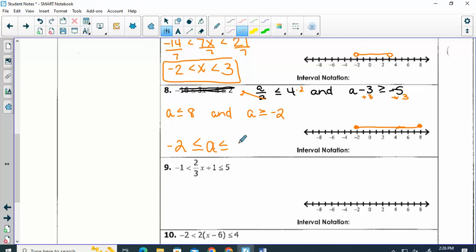Less than or equal to positive 8. So we put those together at the end for our final answer. It doesn't matter if you have the 8 first. You always want to go left to right. So do the small number first, and then the last.